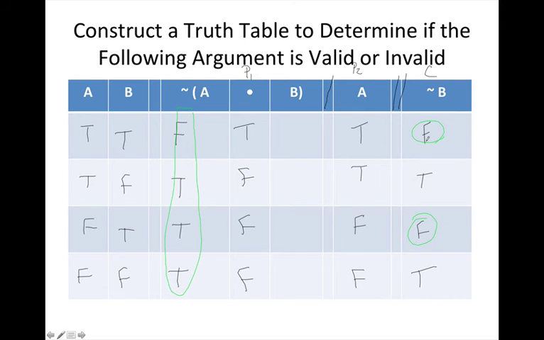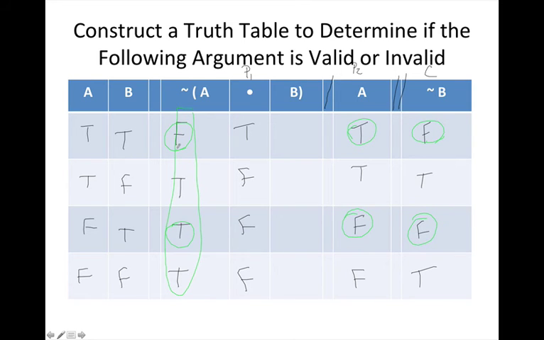If the conclusion is false while the premises are true, then the argument is invalid. But as you can see, on the 2 rows, row 1 and 3, where the conclusion is false, at least one of the premises is false. So on row 3, premise 2 is false, and on row 1, premise 1 is false.